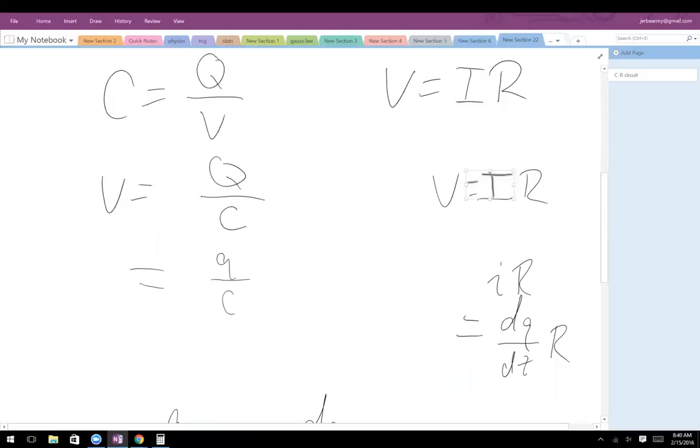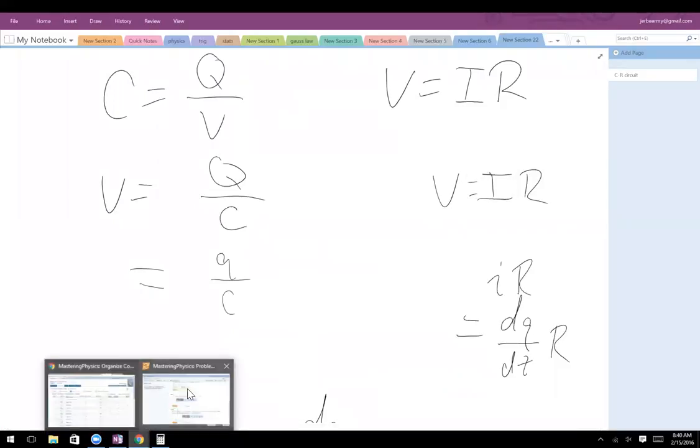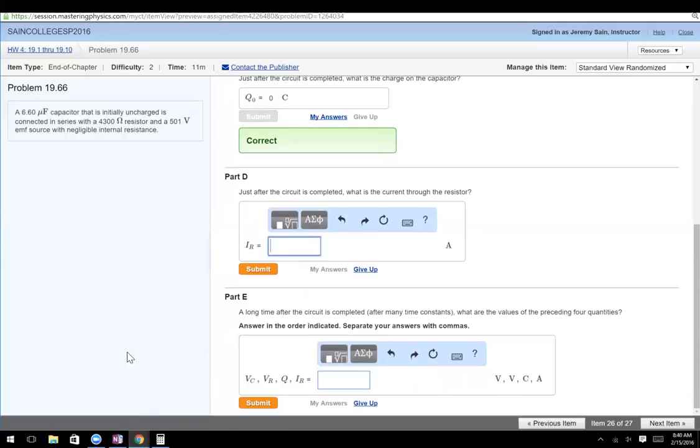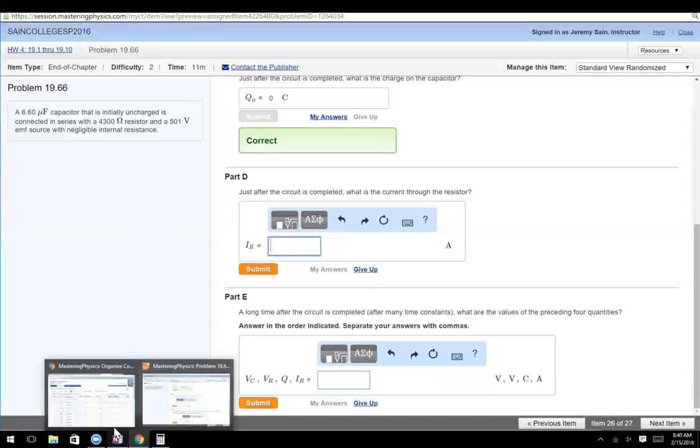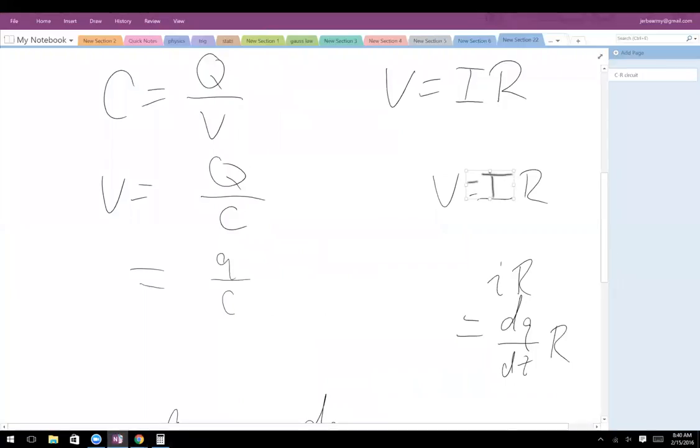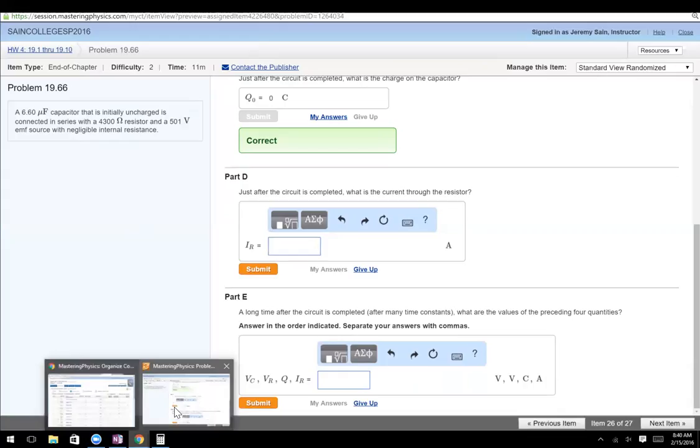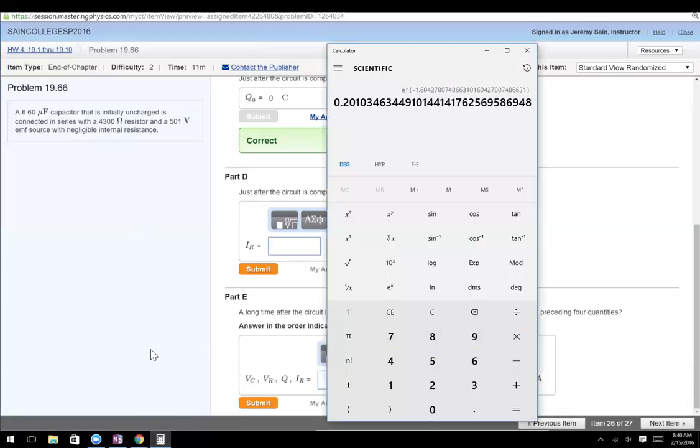Voltage is current times resistance, and we're looking for the current, so voltage divided by resistance gives current. 501 divided by 4300 is 0.117.